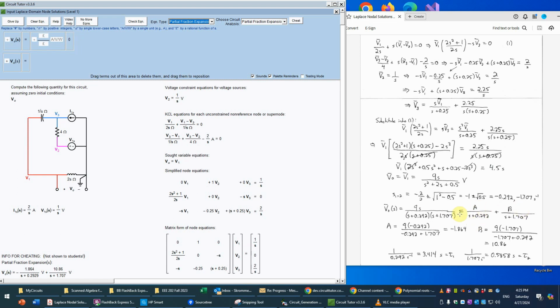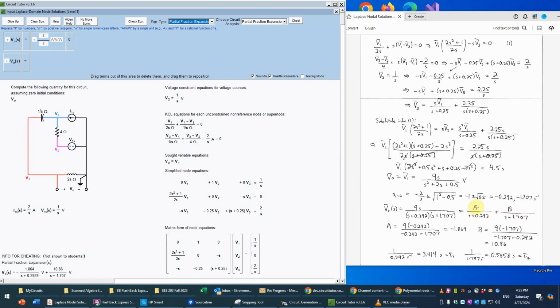Instead of cross-multiplying all of this, as they sometimes teach you to do in math class, and equating powers of the coefficients and getting a simultaneous set of equations, it's much easier just to multiply both sides by s plus 0.292 to find A. That will cancel out this term here, and then we set s equal to minus 0.292 so that the corresponding term over here will become 0 and get rid of this entire B term.